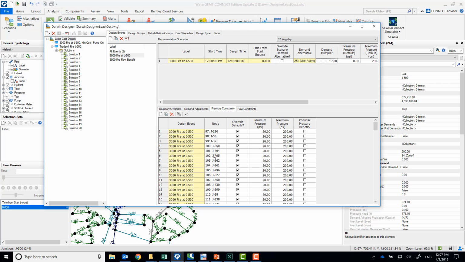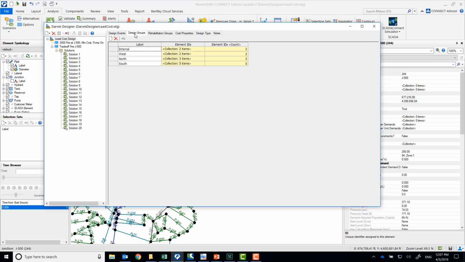That's the pressure benefit we were talking about. But don't ever go beyond 200. And we could even be more realistic and say maybe not more than 150 or even lower because it's never really going to get to that point. Okay, so those are the modifications that we make.